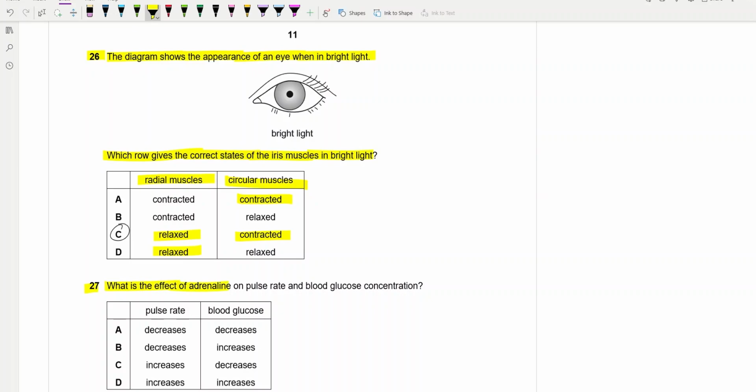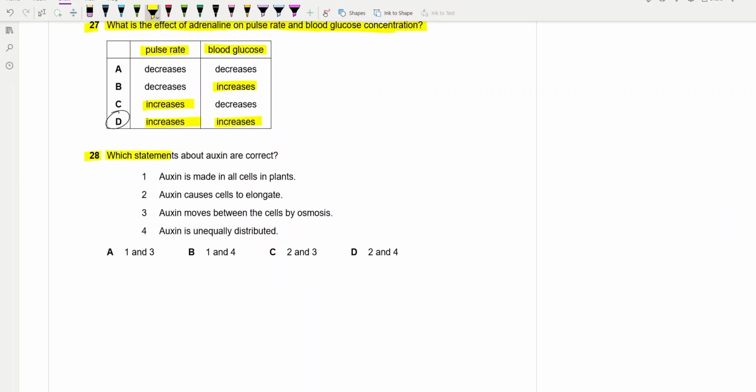What is the effect of adrenaline on pulse rate and blood glucose concentration? The pulse rate increases and the blood glucose concentration also increases. So the correct option would be option D. Question number 28. Which statement about auxin is correct? Statement 1 says auxin is made in all cells in plants, which is wrong.